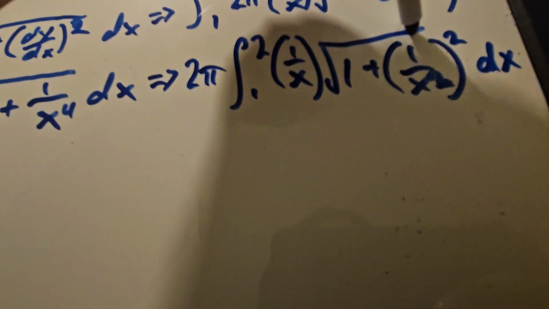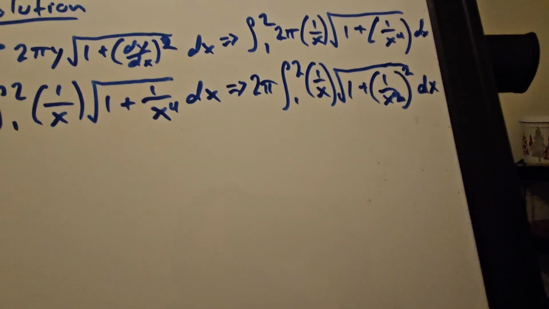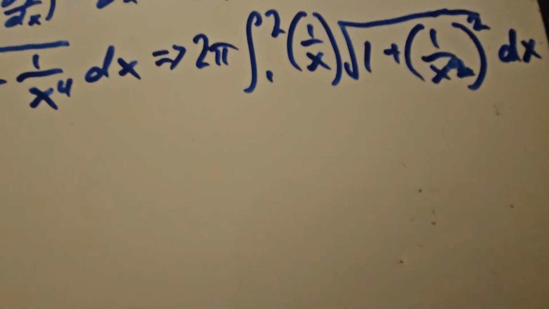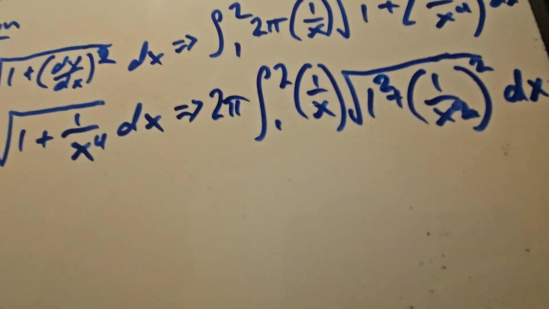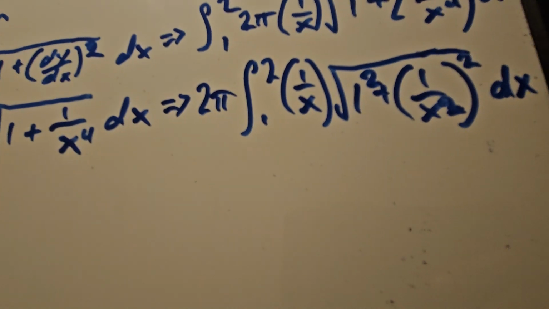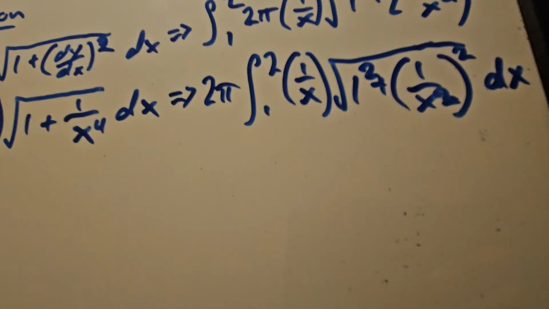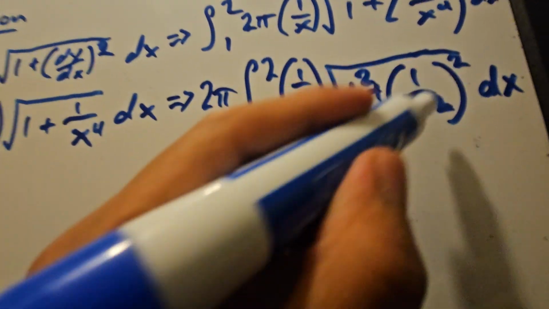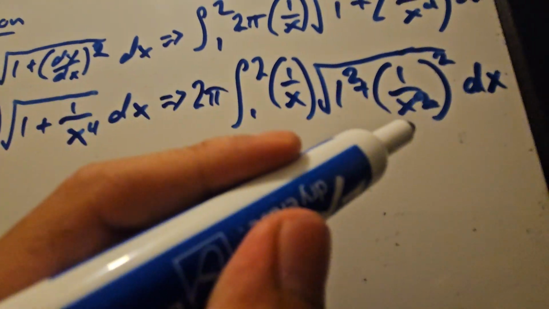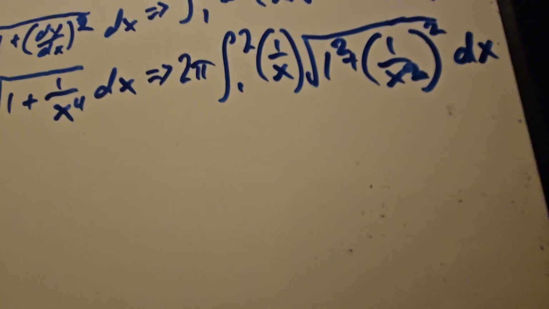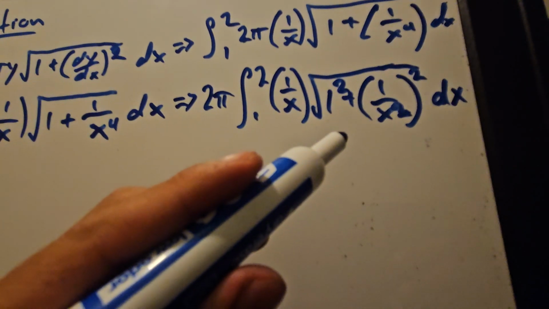We should have just left it like that. Now look at this: 1 raised to the 2nd power is the same thing as 1, and x to the 4th power is 1 over x squared, squared. So we can rewrite it as that.